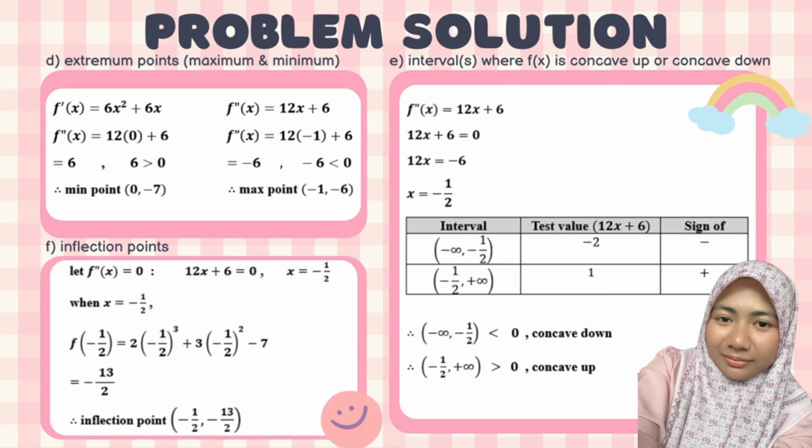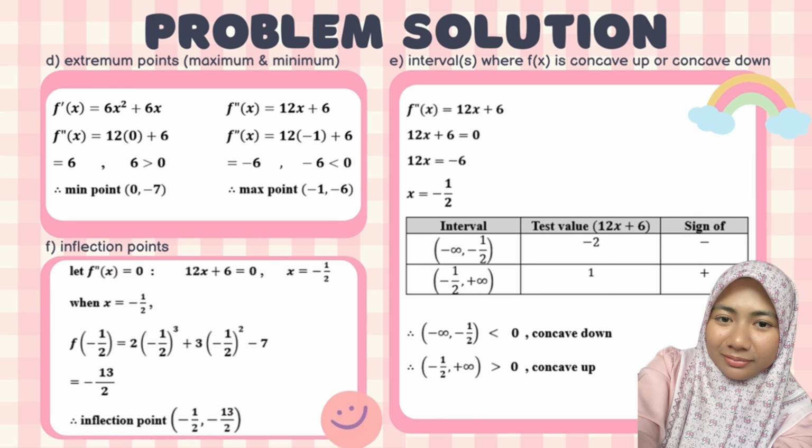Intervals where f(x) is concave up or concave down. The second derivative is equal to 0, 12x plus 6 equal to 0. From the inflection point, we know that x is equal to negative half. So, in the table below, for the interval, the first row is negative infinity to negative half. For the test value, we need to substitute it into 12x plus 6, and the value is between negative infinity and negative half. The value is negative 2.